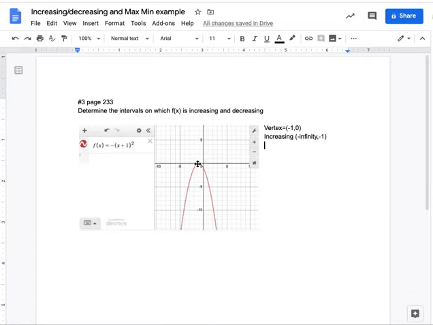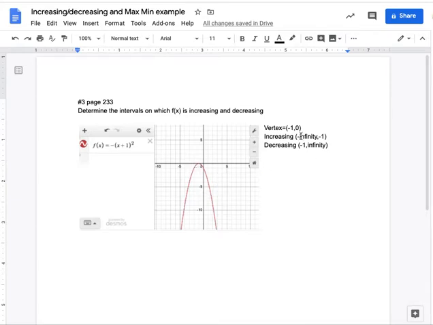Once we get to this x is negative 1, the vertex here, our y value begins to decrease, and it's going to decrease on the interval, parenthesis, from negative 1 to positive infinity, because that graph is going to continue to expand to the left and the right infinitely.